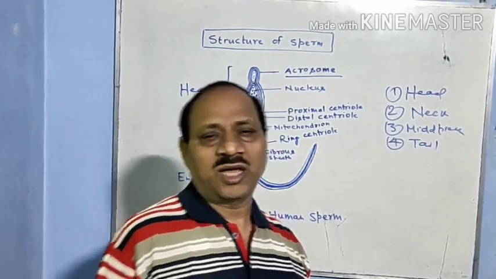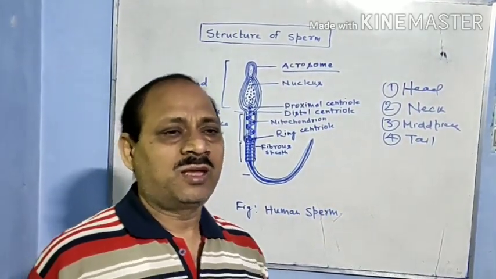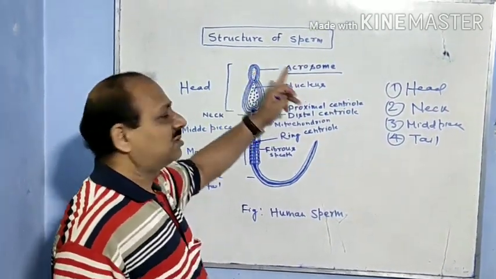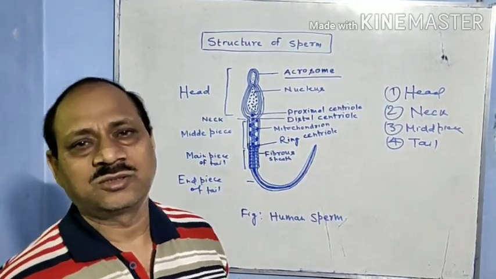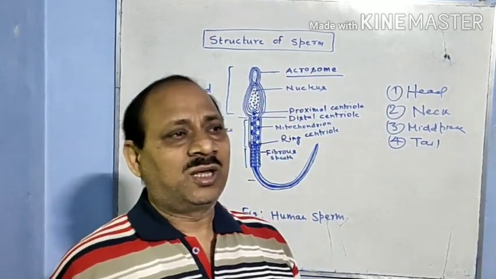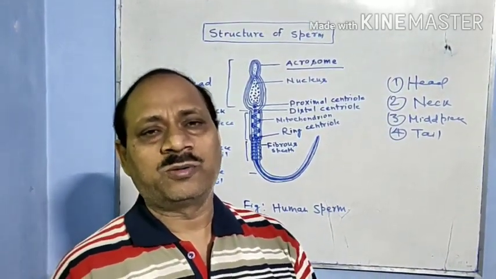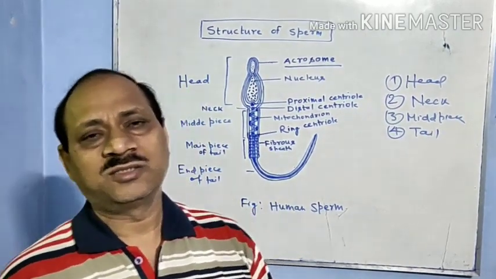Acrosome is a cap-like structure present on the head of sperm. It contains a hydrolytic substance which helps the sperm to penetrate the ovum at the time of fertilization.